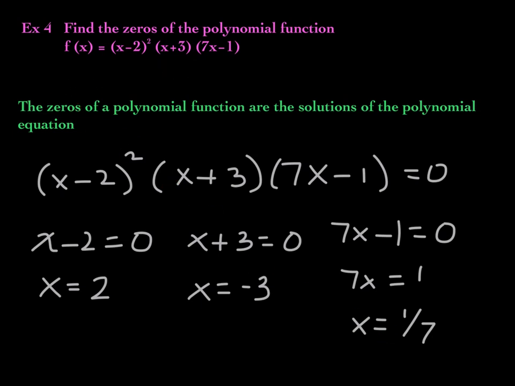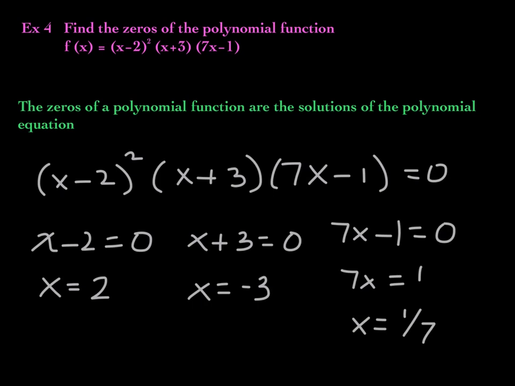Now, there is some terminology that we need to introduce here, and that is the terminology of the multiplicity of a zero. Notice that x minus 2, this factor, is raised to the power of 2. So, in essence, 2 is a zero 2 times for this function.